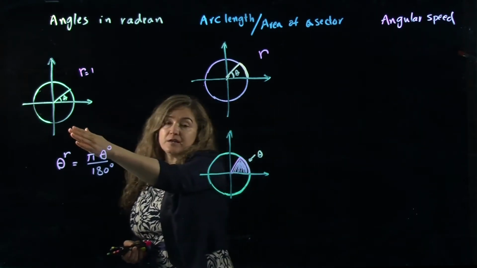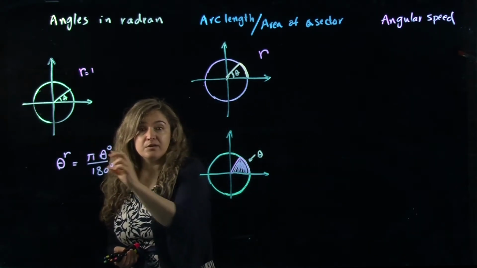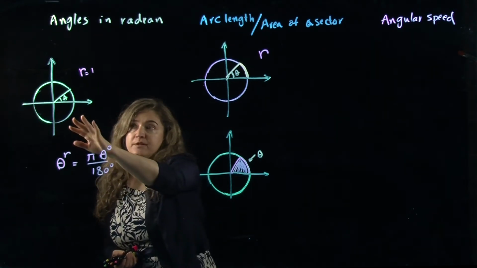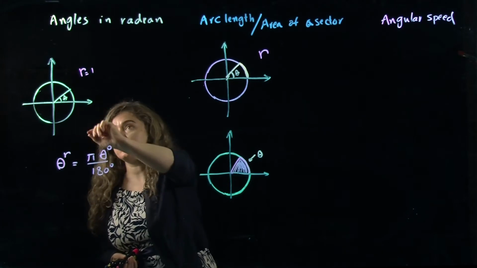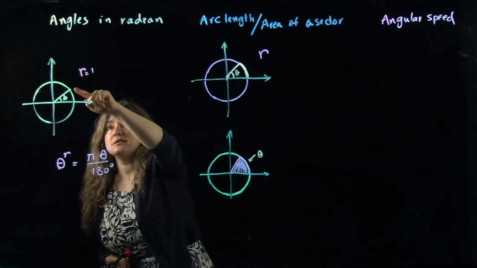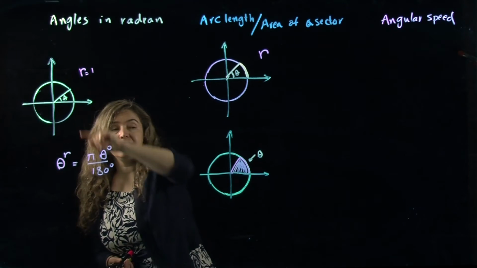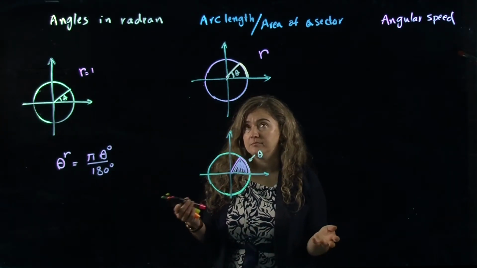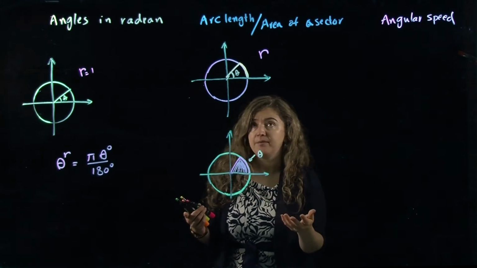If you go back to the unit circle and the logical definition, not the formal definition, that we discussed, this arc length is equal to theta.